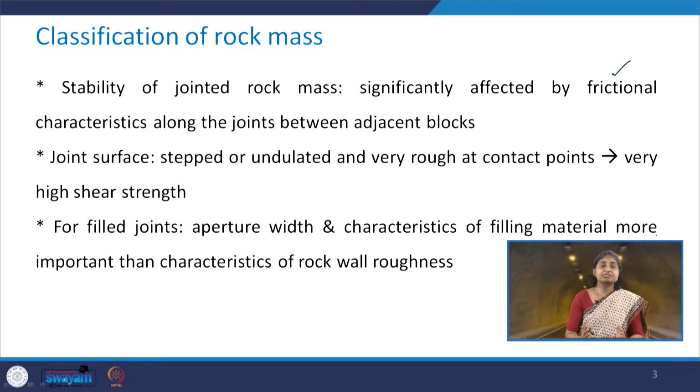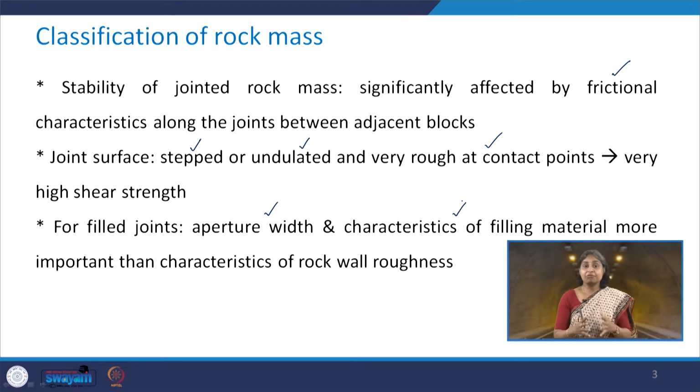Now, these joint surfaces can be stepped or undulated and very rough at contact points. So, at contact points you will get very high shear strength. For filled joints, it is the aperture width and the characteristic of the filling material which become more important as compared to the characteristic of rock wall roughness.